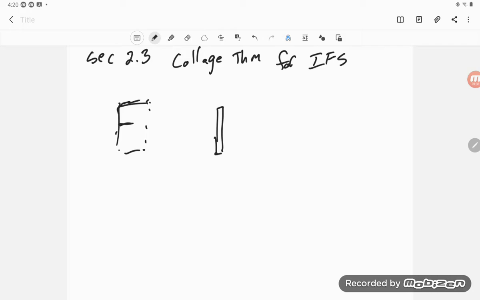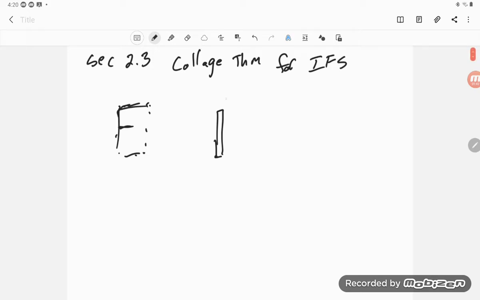I could also think of shrinking that rectangle a bunch up and down, and I would get a rectangle that looked like that. And I could also shrink it in both directions, and I could get a rectangle that looked like that.